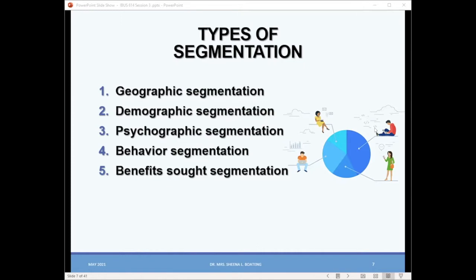However, I've seen applications of 2 or 3 of them being employed by organizations to be able to develop unique strategies that they believe will make them competitive in the global marketplace.